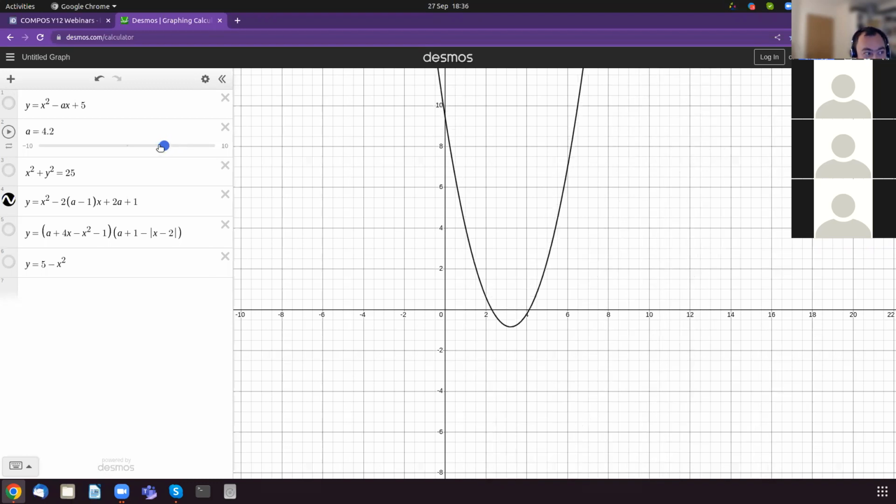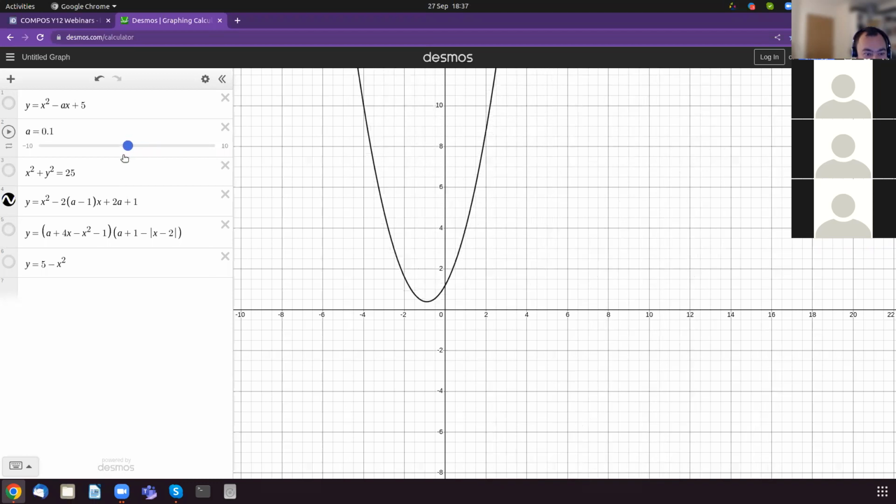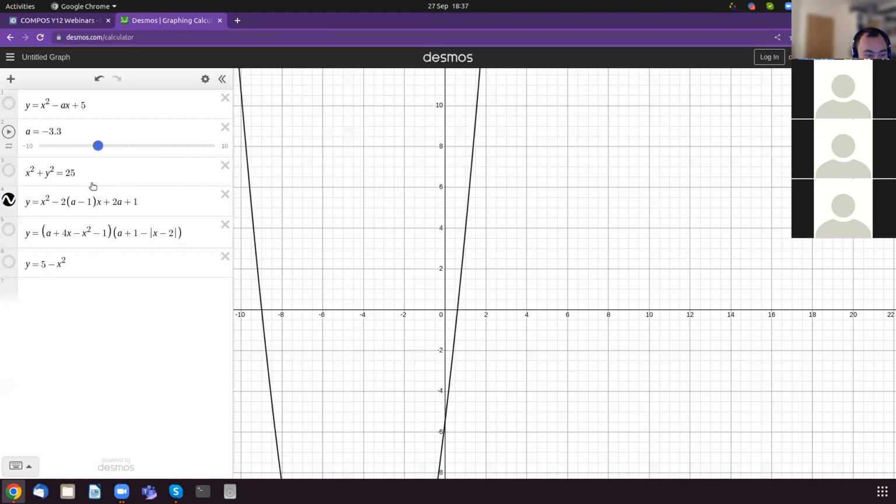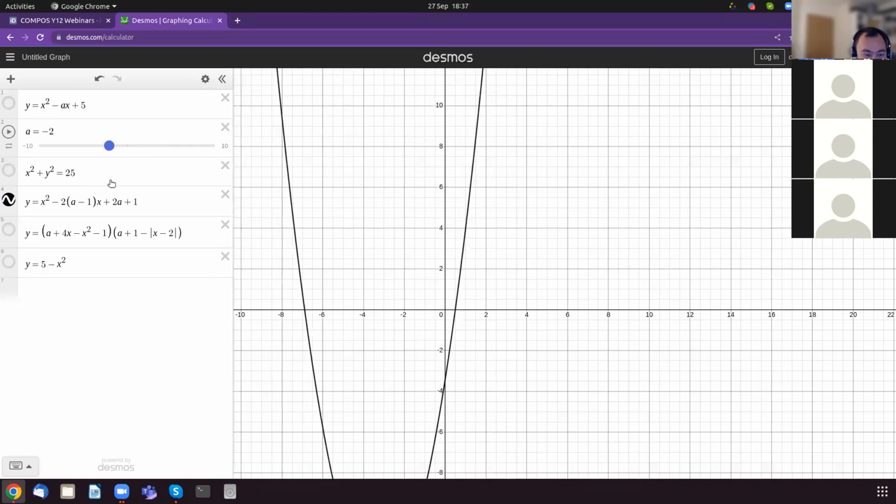So 4.1. Now we go back, and when a is 0, a is 0 now. But then when we go negative, we see that one of the roots is always negative. There's nothing you can do about it.